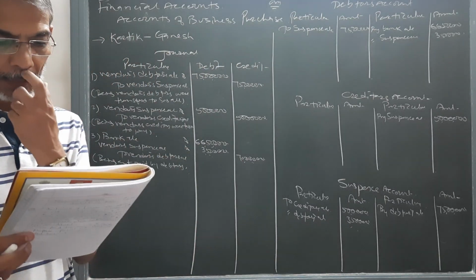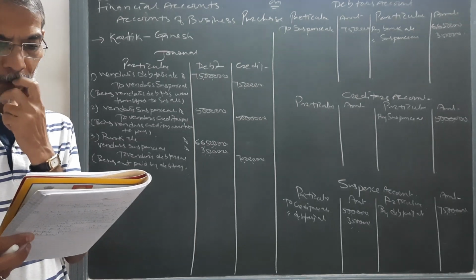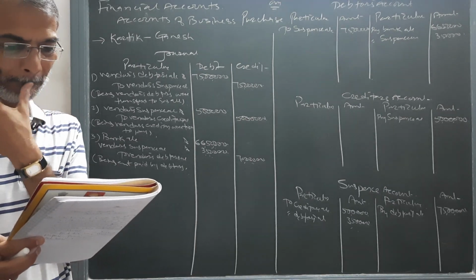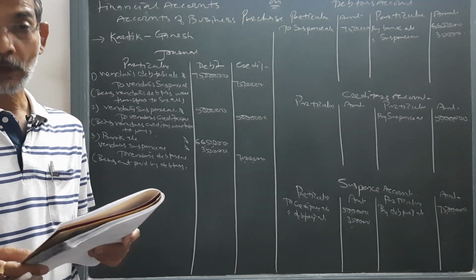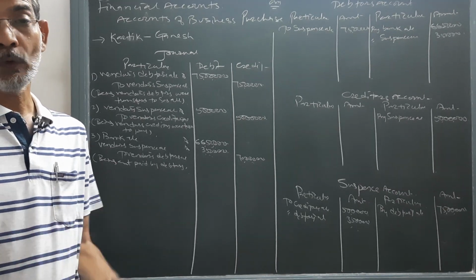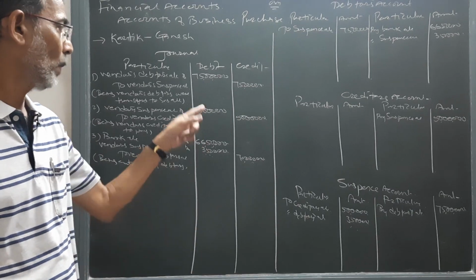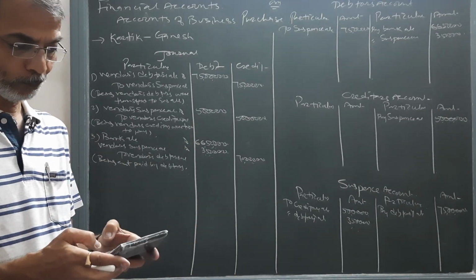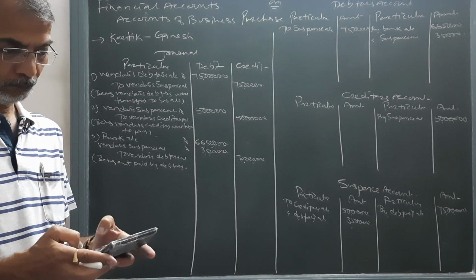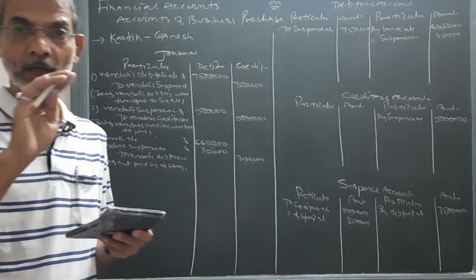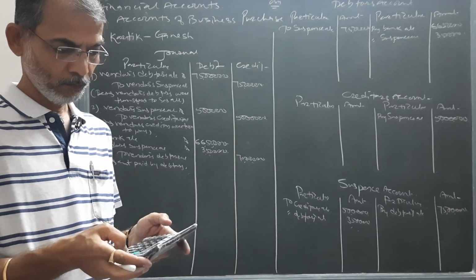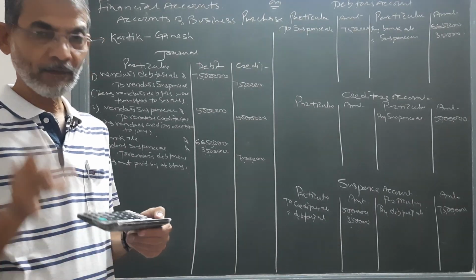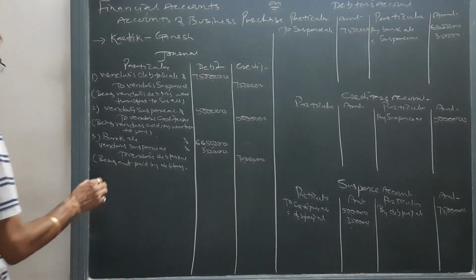Then after it, creditors were paid at 2% discount, but creditors of 2 lakh were not paid. So creditors were of 50 lakh, creditors of 2 lakh will pay later. 47 lakh 4,000 will be paid.